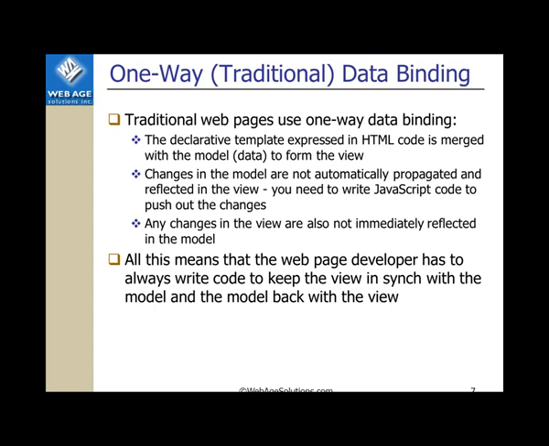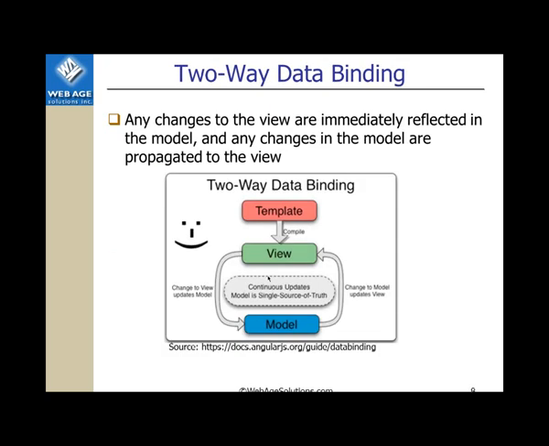Basically, the front-end developer is always busy trying to keep the view and the model in sync, back and forth. So one way is limiting, and AngularJS gives you that flexibility where changes in the view are immediately reflected and pushed out from the model.